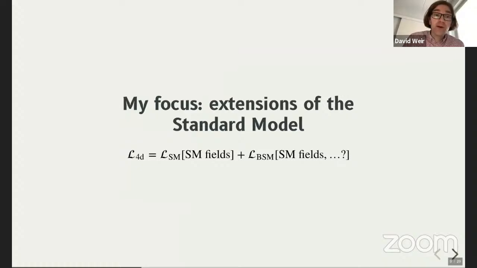So again, we might have talks during this workshop about, for example, phase transitions happening in dark sectors, or at the QCD scale or somewhere else. But my focus, just for concreteness today, is extensions of the standard model. In that case, our original four-dimensional Lagrangian consists of the standard model fields and then some BSM contribution, which could itself just be some higher dimensional operators, but could equally well include new fields beyond the standard model as well.